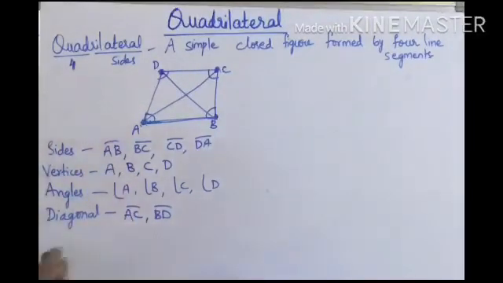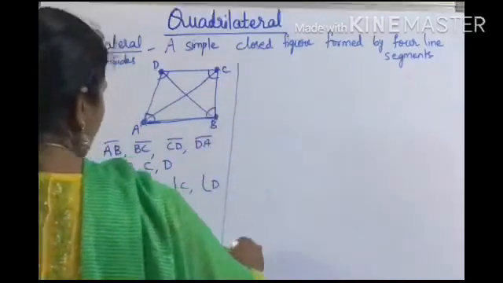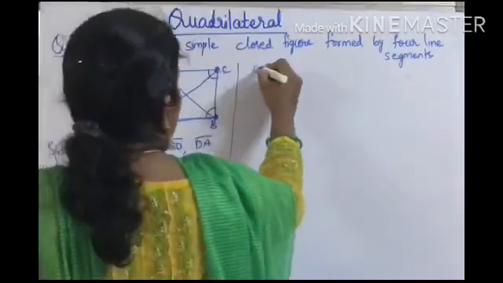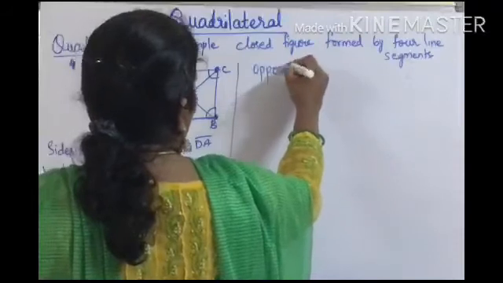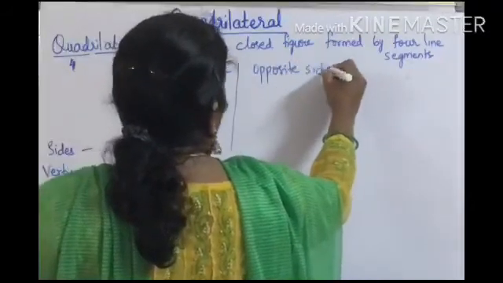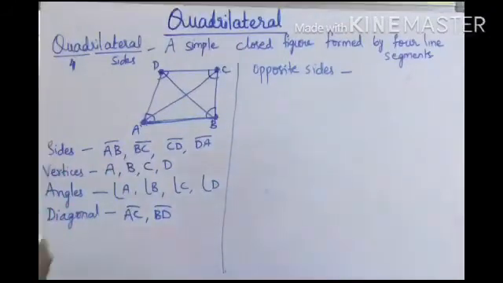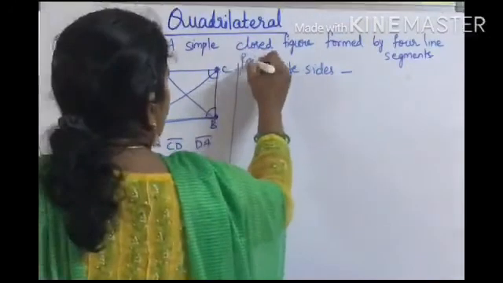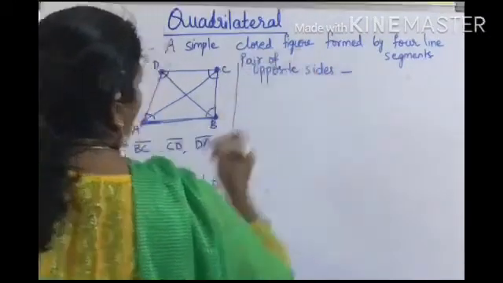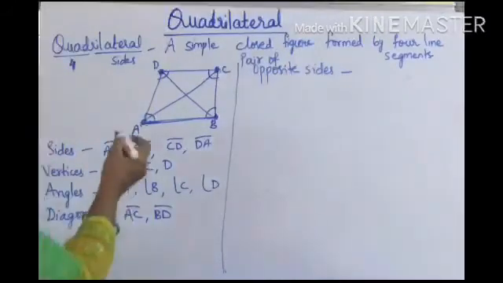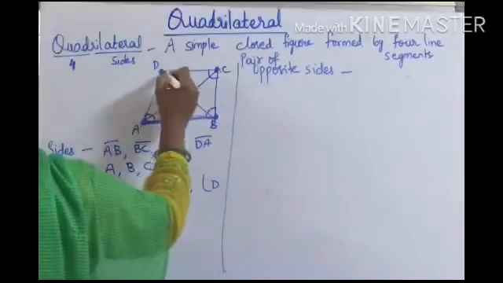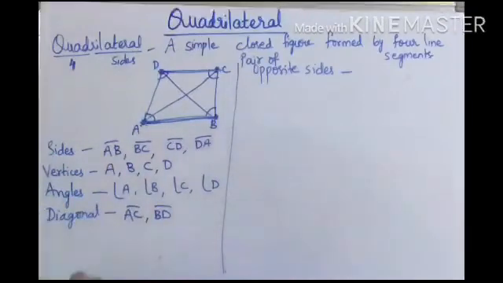And still we are going to write here pairs of opposite sides. Now if you observe, AB is opposite to DC. Right?